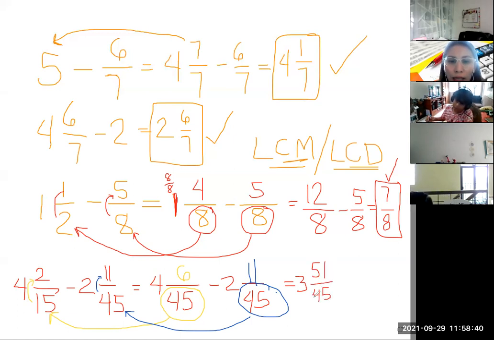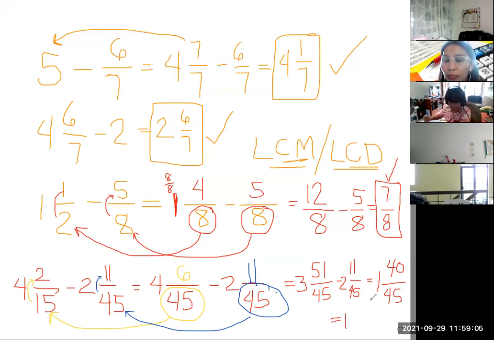I think we had this problem sa test, right? We had the same. Let's subtract na. 3 minus 2, it's 1. 51 minus 11, we have 40. Copy the denominator, 45. Equals.